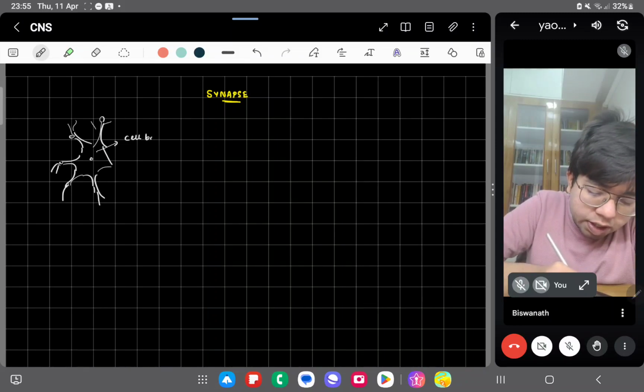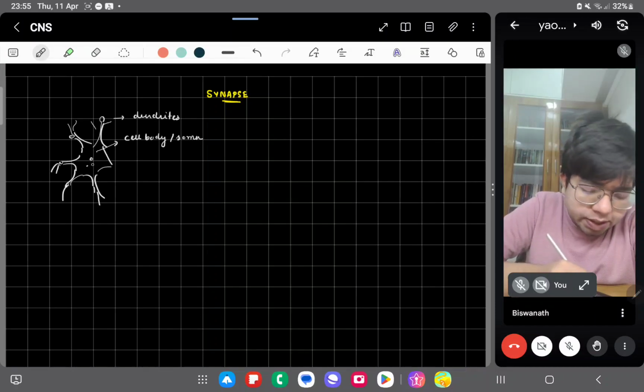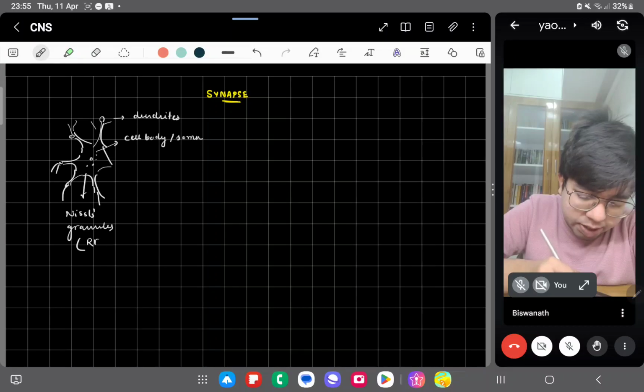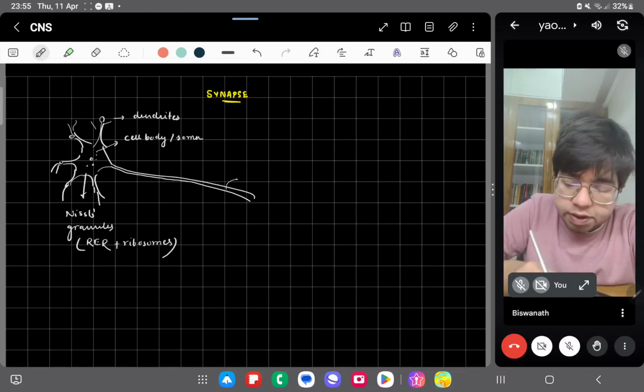Some Nissl granules are present, which are fragments of rough endoplasmic reticulum plus your ribosomes. And finally, we have a long process which is called an axon.